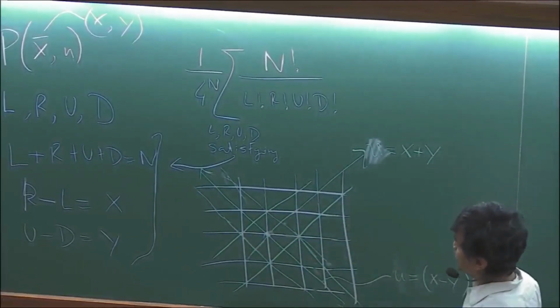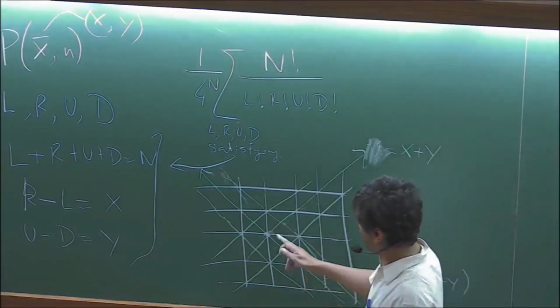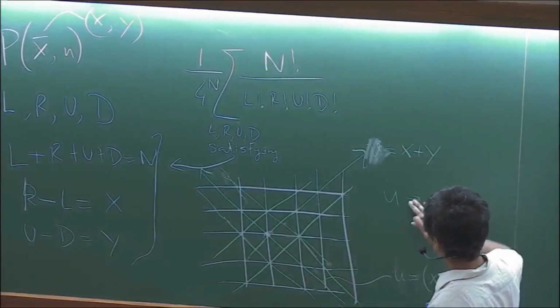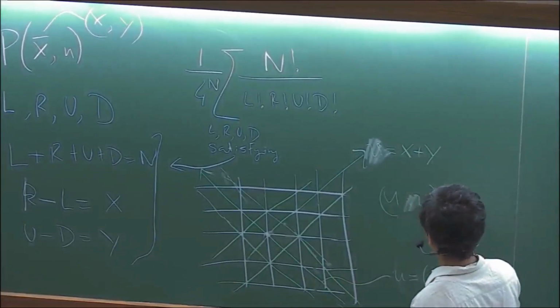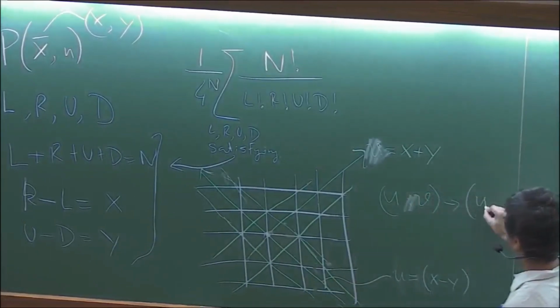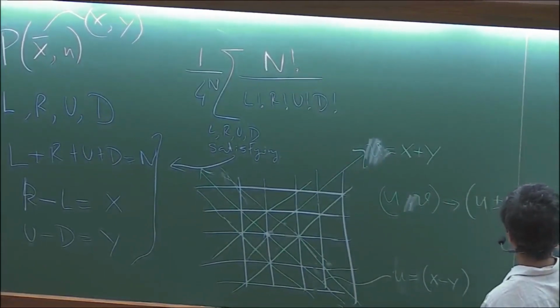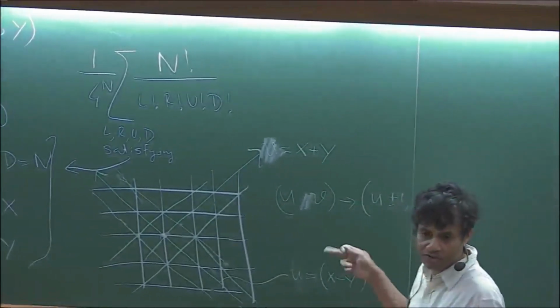So every time, u and v can go to u plus or minus 1 and v plus or minus 1. So these are the 4 jumps it can take.